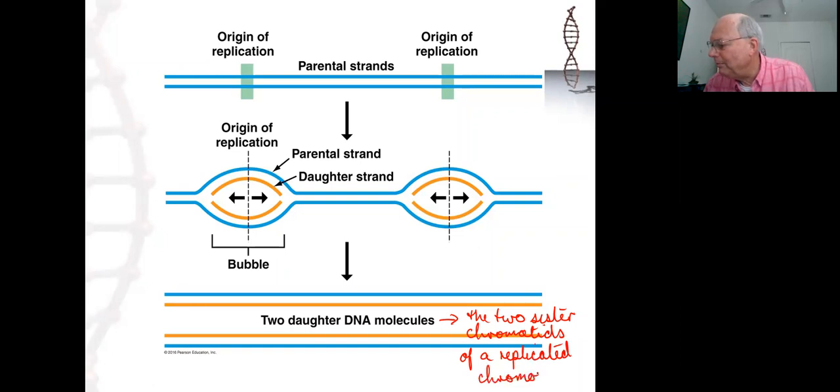So these would become the two sister chromatids of a replicated chromosome or duplicated chromosome during cell division, whether it be mitosis or meiosis. So now we have an explanation of where those sister chromatids actually come from. They are the product of this replication process.